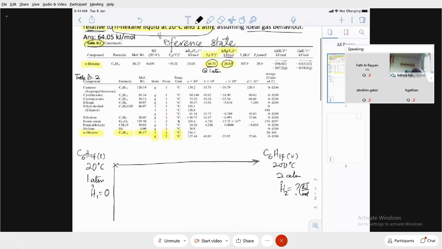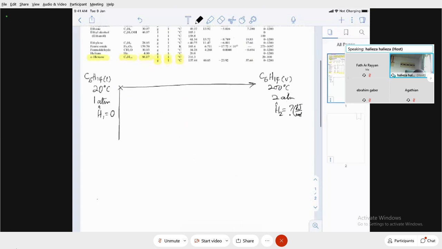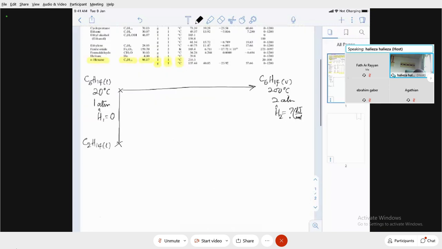Now the temperature of boiling is 68.74. I'm going to go to still the same liquid, at the boiling point, 68.74 degrees C, and 1 atm.